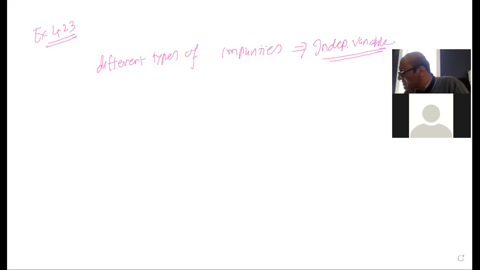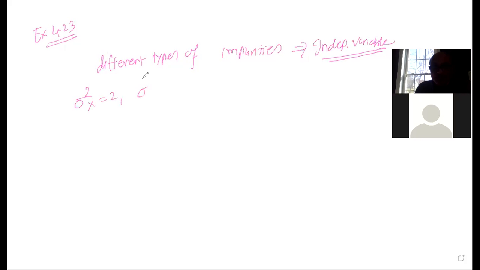We are given that the variance of X is equal to 2 and the variance of Y is equal to 3. Find the variance of the random variable Z equal to 3X minus 2Y plus 5.